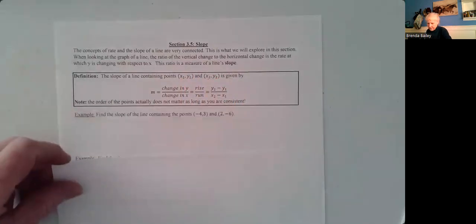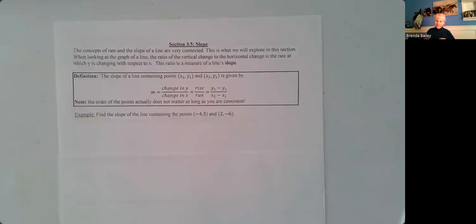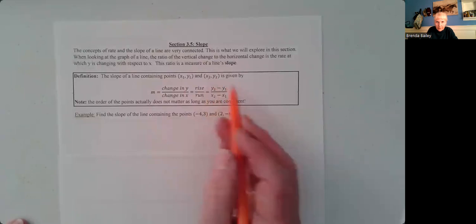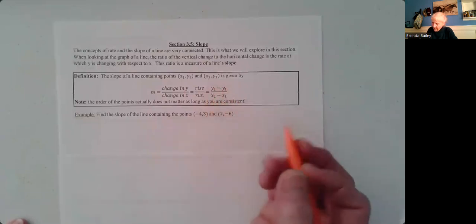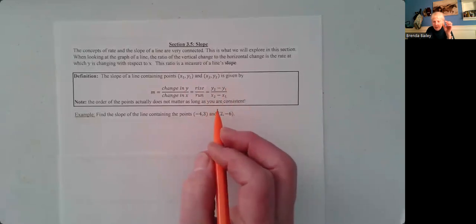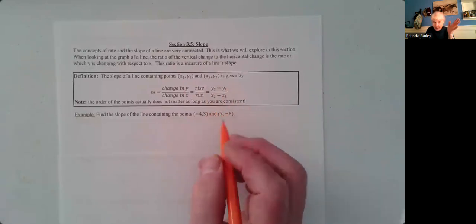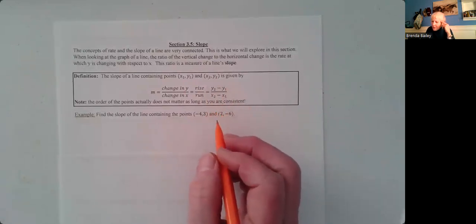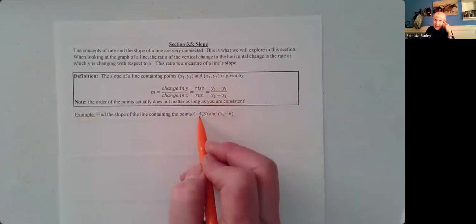All righty. So example number 1. Find the slope of the line containing the points -4, 3, and 2, -6. So following our little template formula here, let's just start with 3. Now, this is the mistake people make that I've seen on tests, is that they do the x's in the numerator, but don't do that.